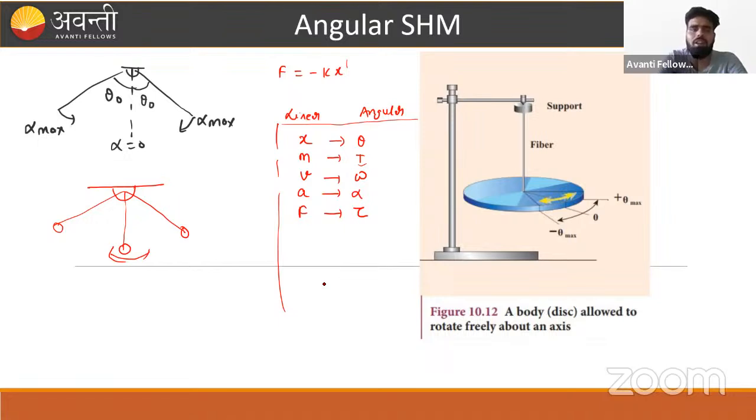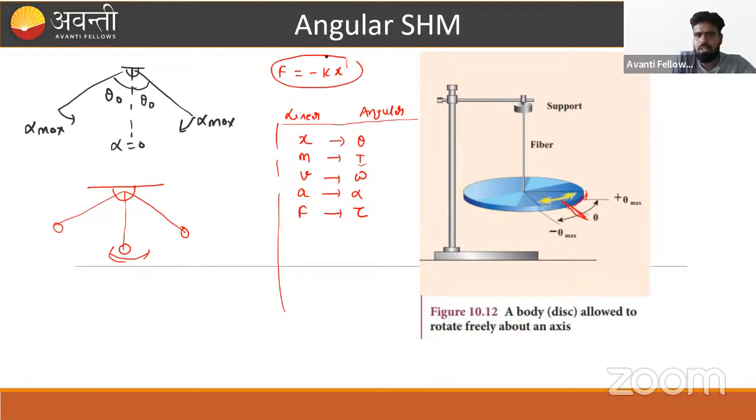So we can say that it is angular SHM. Similarly, if we rotate a disk from its mean position, the disk will perform to and fro motion. Such type of motion is known as angular motion. I hope this is clear.